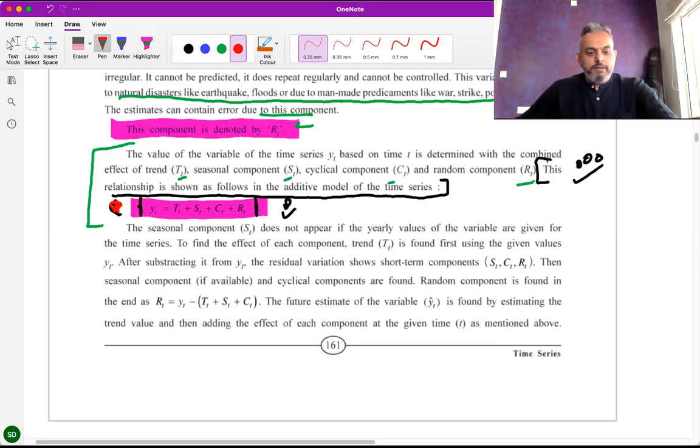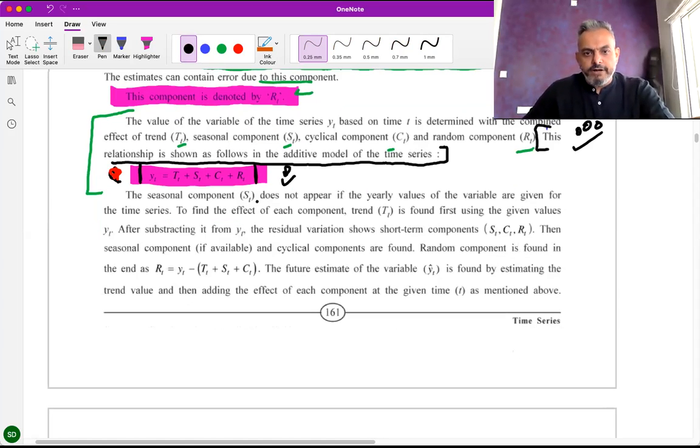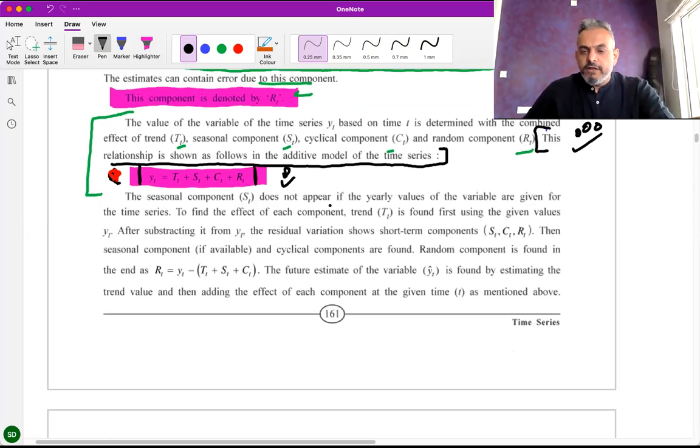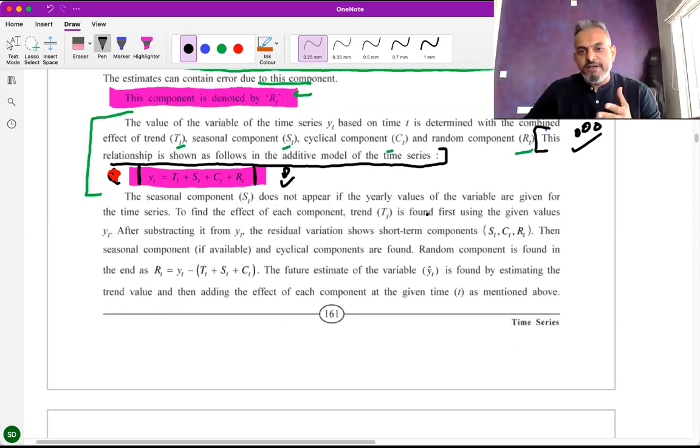Now, over here, in the last part, the seasonal component S does not appear. Seasonal will not appear if yearly values of the variable are given for the time series.